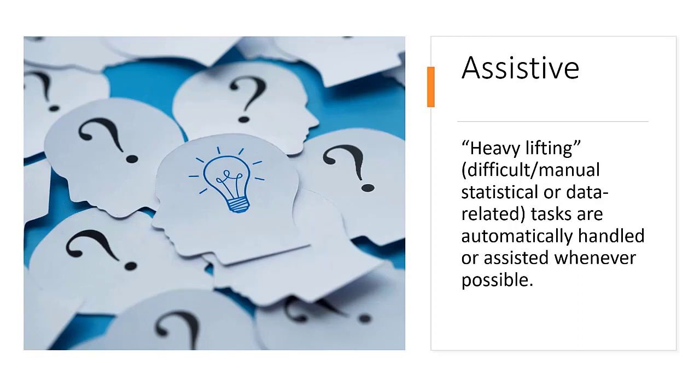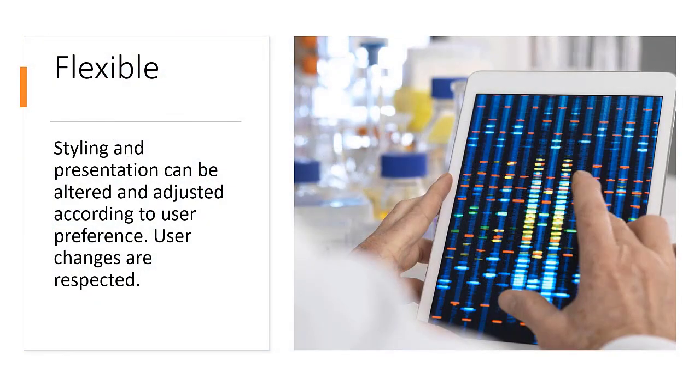The person doesn't have to add numbers up. Flexible means that a user's styling is respected. So if somebody has set up their device to work for color blindness, or if they've zoomed it in, your chart should respect whatever they have selected.